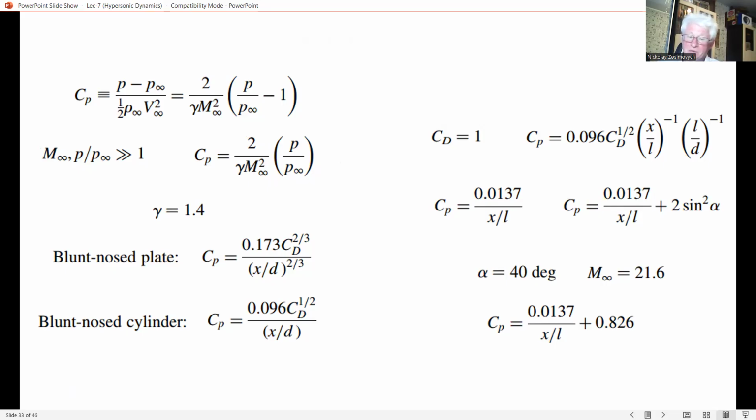Combining this equation with the previous expression, for gamma equals 1.4, the blunt nose plate gives us this expression for Cp. And the blunt nose cylinder is the next one. As you can see, they have only different coefficients before Cd to the power 2 over 3 and 1 over 2, and x over d in this term.